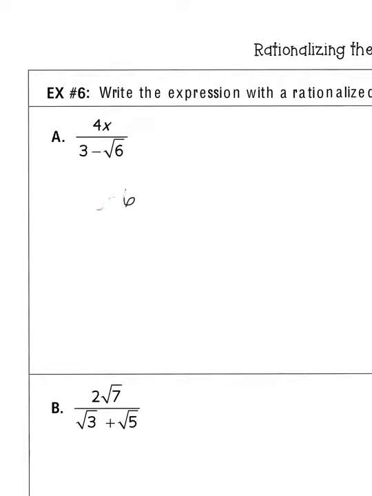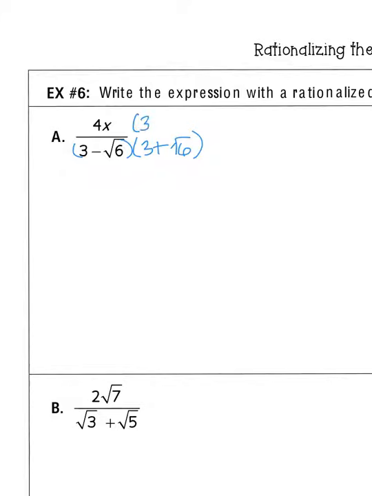So instead, we learned in our last example that we could multiply by the difference of two squares factor pattern. So I'm still going to have a 3 and a radical 6, but instead of a minus sign, I want a plus sign. So we want this plus minus pattern. What you do to the bottom, you have to do to the top.